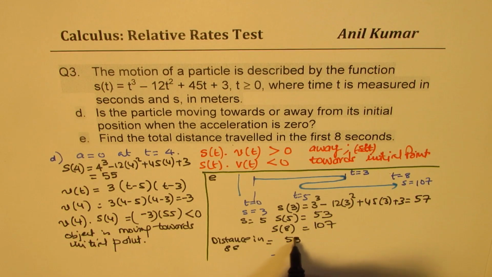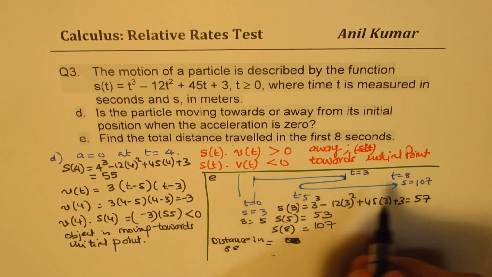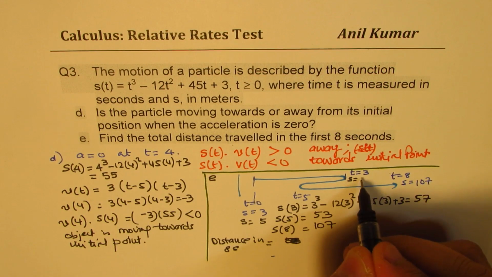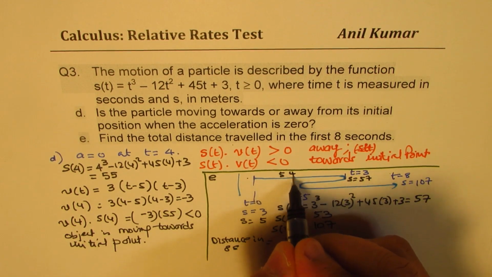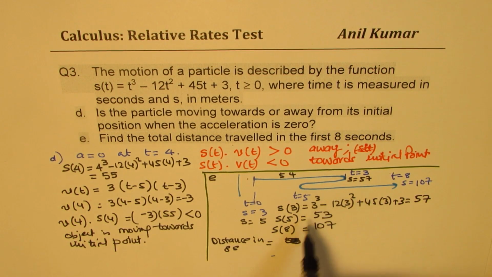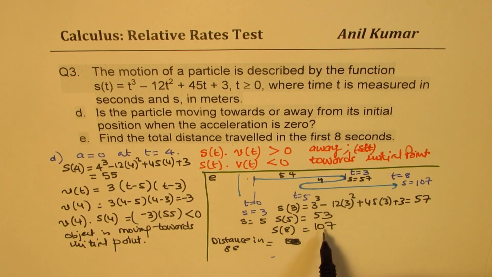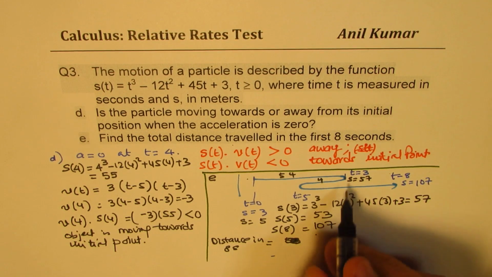This distance is here, s equals 57, correct? So 57 minus 3 gives you 54. And then here we had at t equals 5, 53, so that means this is 4 units, and then 107 minus this.